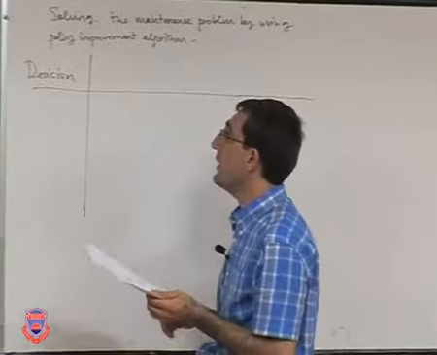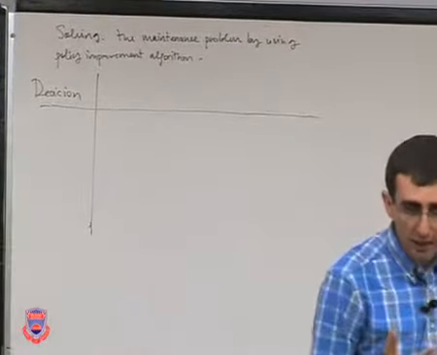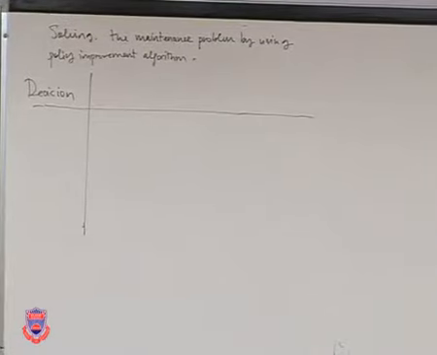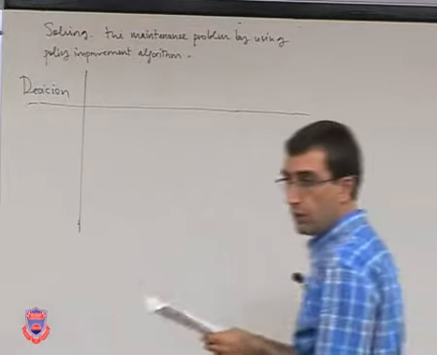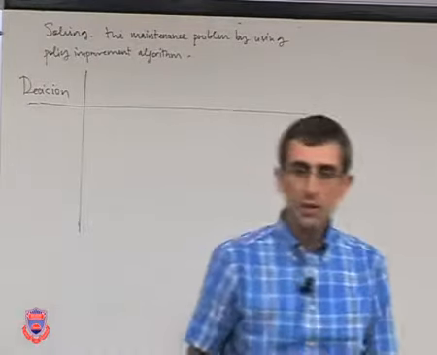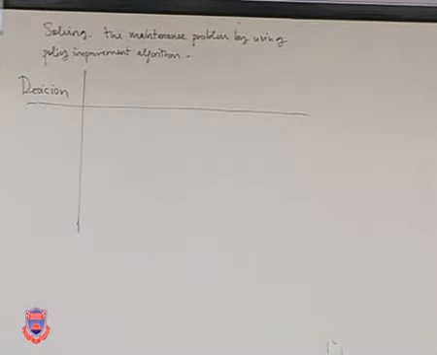And in each of these states, we have 3 decisions in principle that we can take. Either we do nothing, we just let it go as it is for at least one more period, or we overhaul, which corresponds to a limited repair, and we remember that it was effective only in state 2.